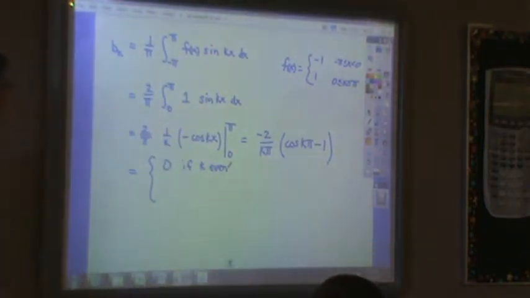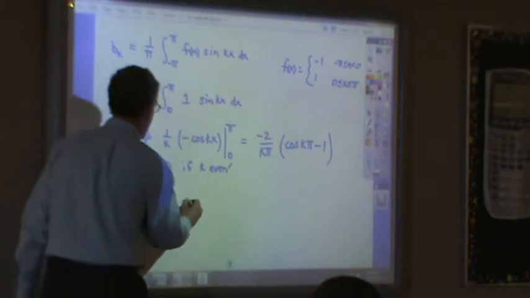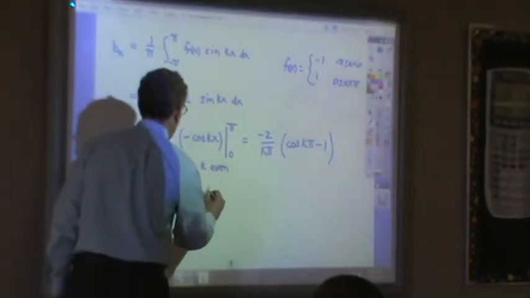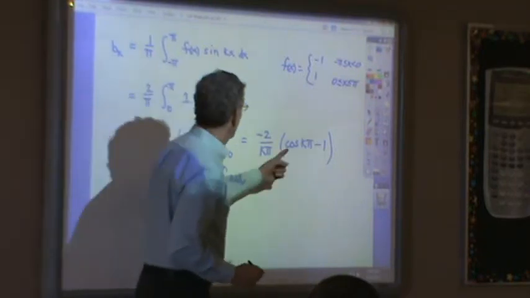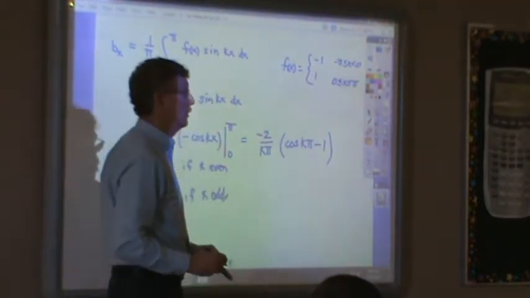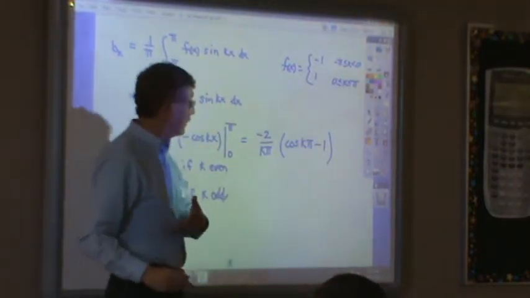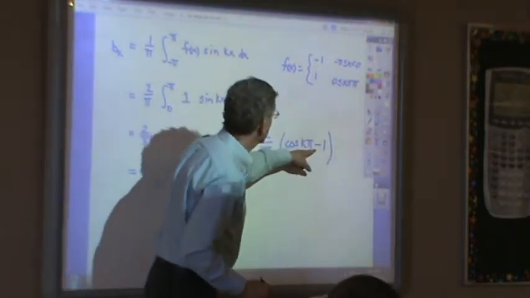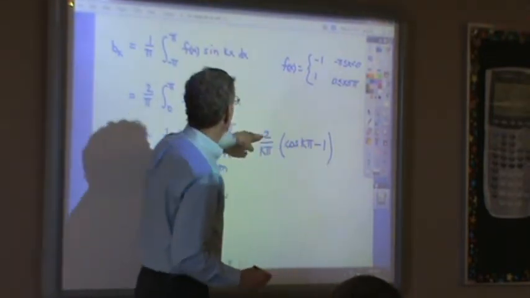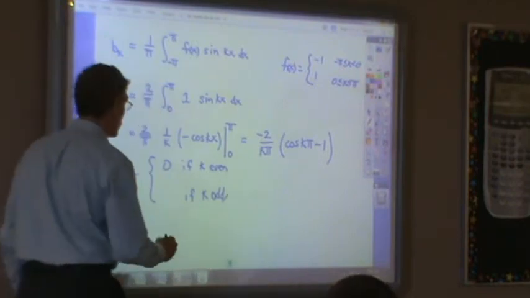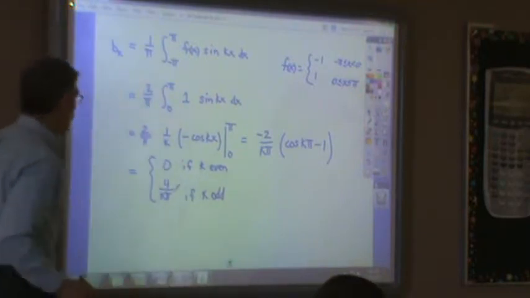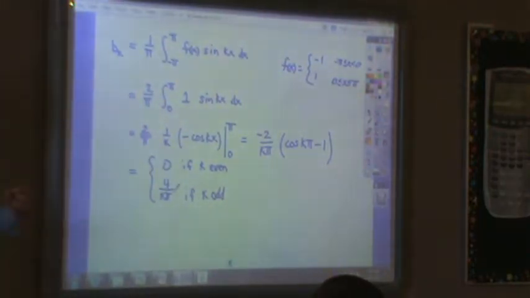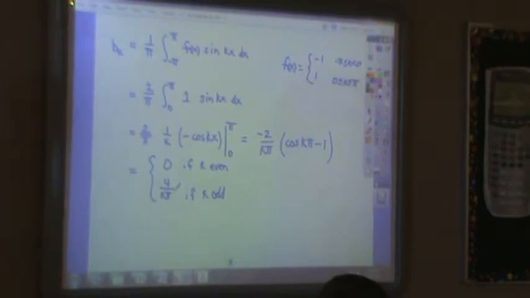And if k is odd, what happens here? The cosine reduces to -1. So now I get -1 minus 1 is -2, times -2 is +4. So this is 4 over k pi. Okay, so now we have a rule for all of the coefficients.